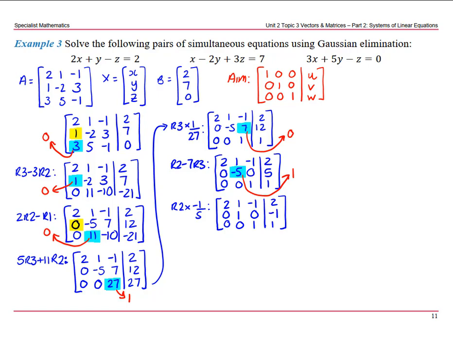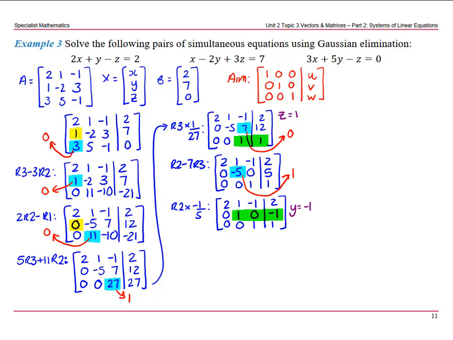Now we only need to play with our first row. Another thing to note is our solutions are coming out here. So from here, this up here, I know that z is equal to 1. Here, I know y is equal to negative 1.